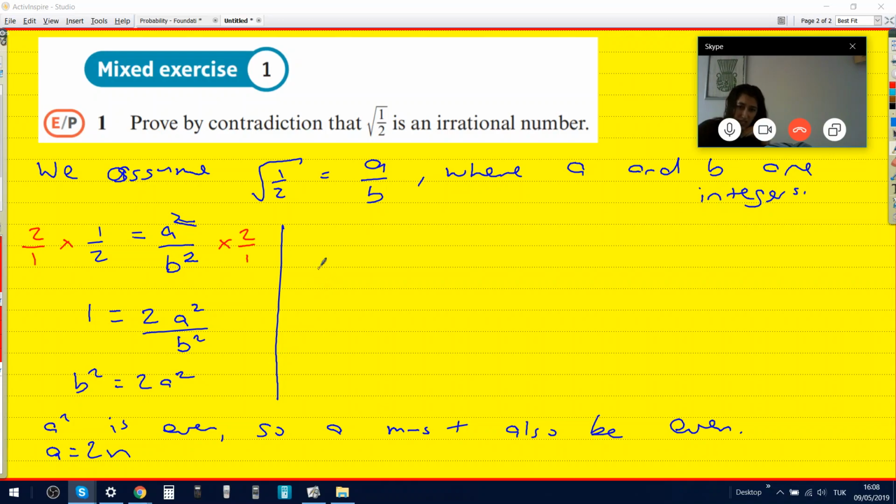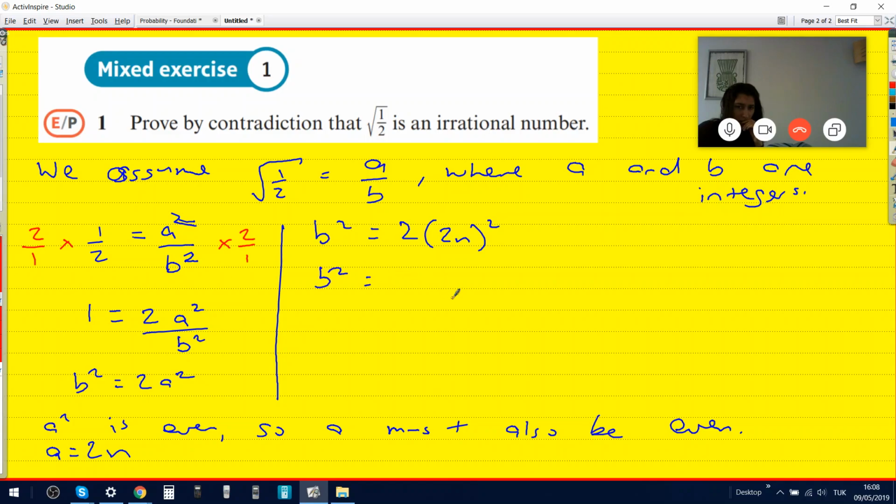I believe it would be 8n squared. Which one are we subbing into? The b squared equals 2a squared. Yeah. So then you get 4n squared, then you don't just square the 4. You get 2 times 2n squared.